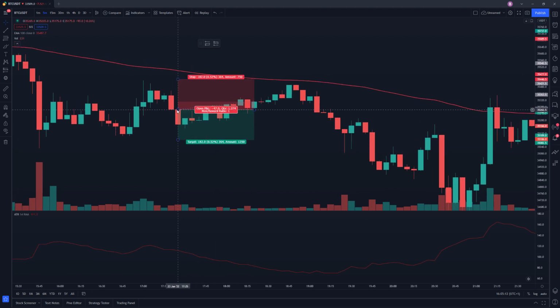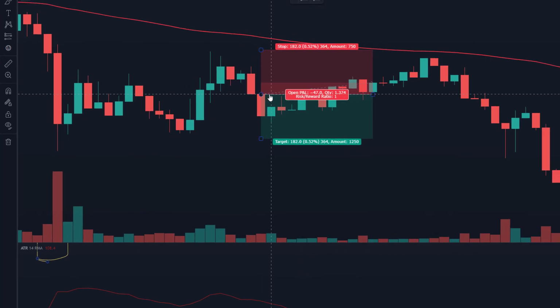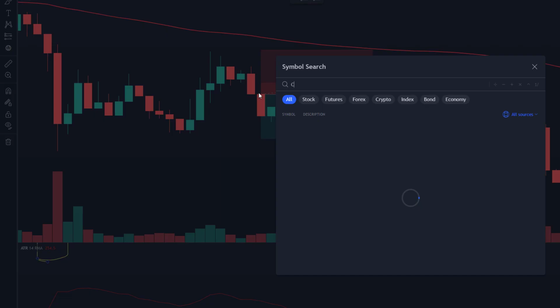What we want to do is set our stop loss on the value of the ATR, which is, as you can see right here on the red numbers. If I hover on the candle, it tells us the current ATR. What you want to do is use that times 1.5, so add 50% on top of it.